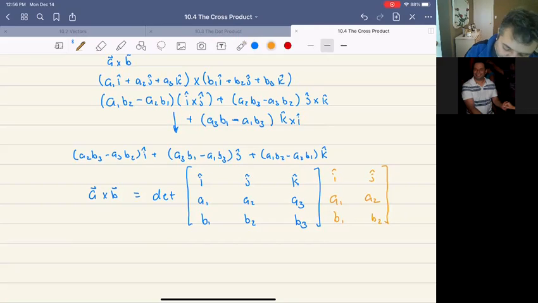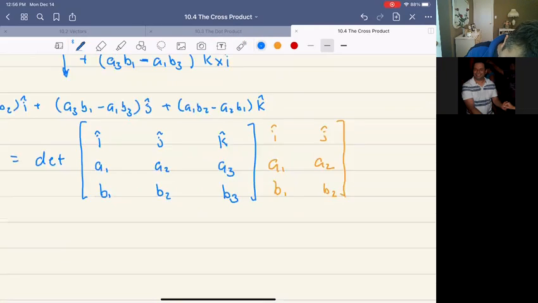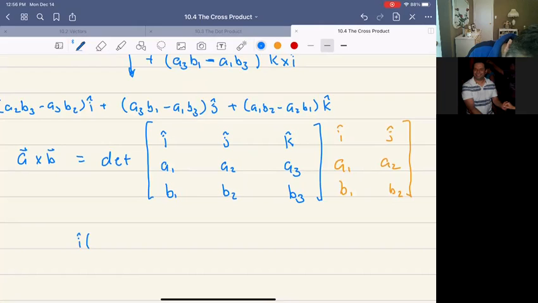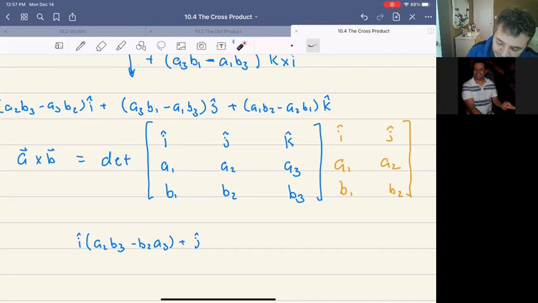So the i's, what do the i's have? A2, B3, that's positive this way, negative this way, minus B2, A3. j hat is going to be positive this way, negative this way. So A3, B1 minus A1, B3.